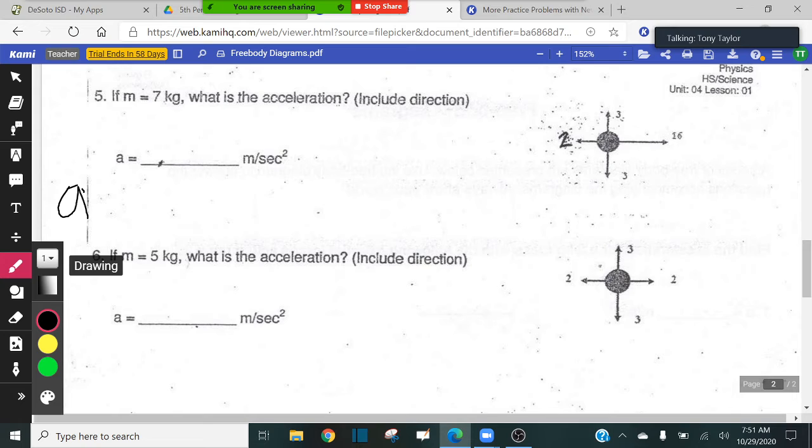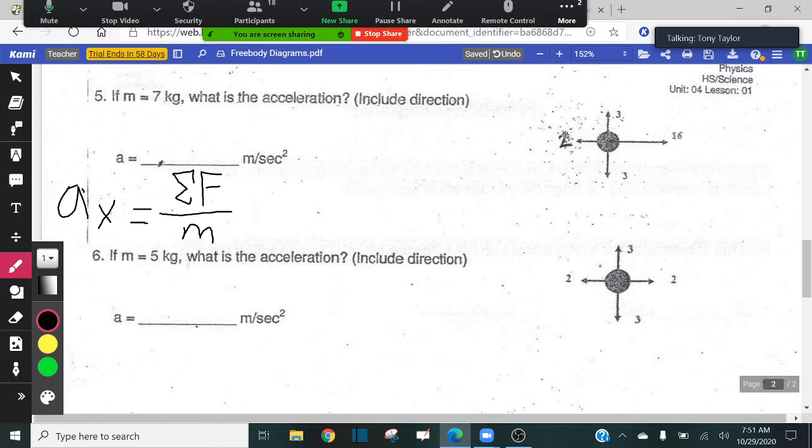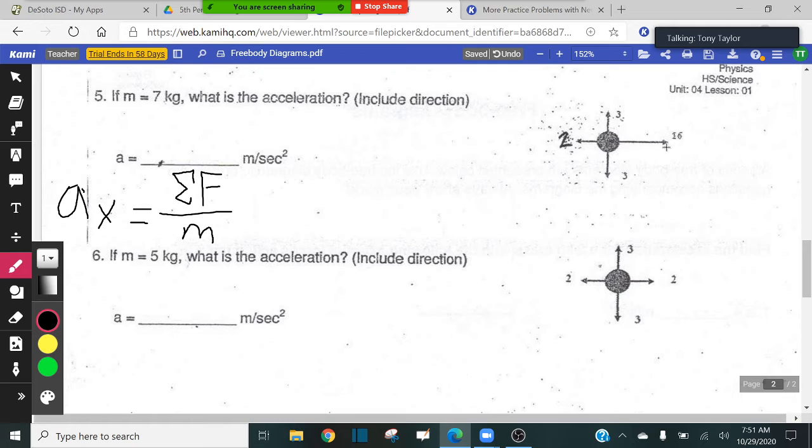So acceleration in the x direction, remember, according to Newton's second law, guys, it's the sum of our forces divided by our object's mass. So looking at the horizontal direction first, looking at the x direction. So notice I have two forces here acting in the x direction. I have a positive 16, and here I have a negative 2 because it's acting to the left.